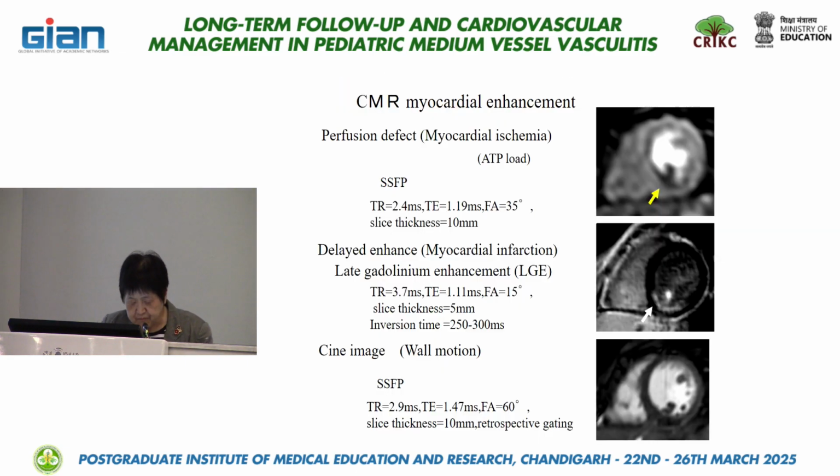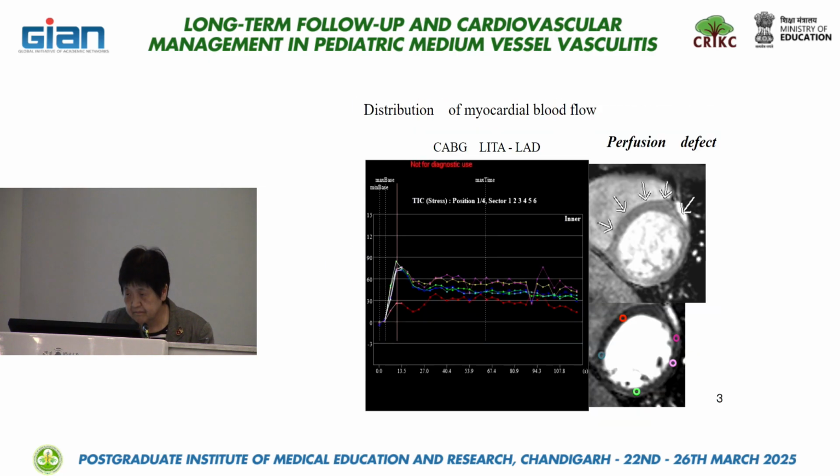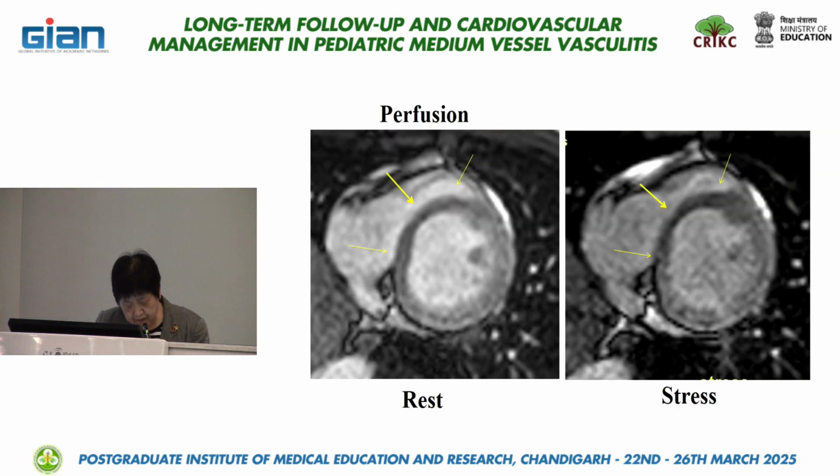The next talk is myocardial enhancement by CMR. Perfusion defect indicates myocardial ischemia, and delayed enhancement indicates myocardial infarction. Perfusion defect reflects distribution of myocardial blood flow. Perfusion defect at rest and stress is shown.